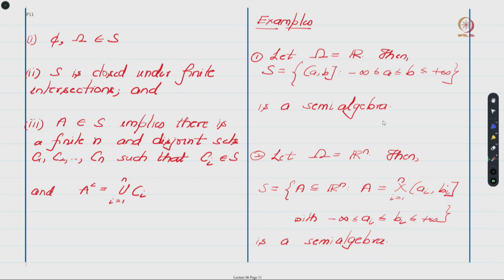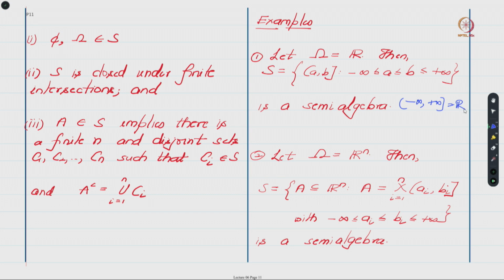If I put A equals B, then this interval will be empty, so the empty set is there. And if I put A equals minus infinity and B equals plus infinity, we will interpret this set as R.